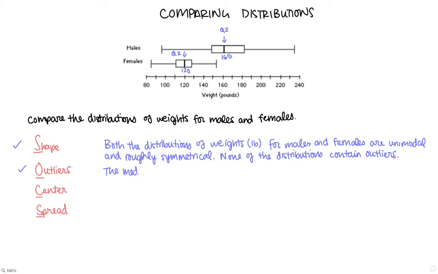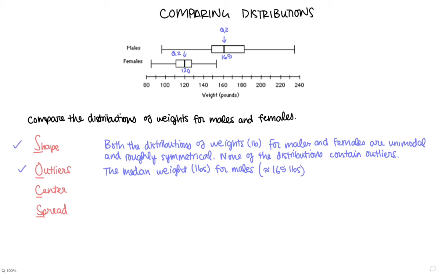So the median weight in pounds for males, and you can include the median if you want, we can say approximately 165 pounds.